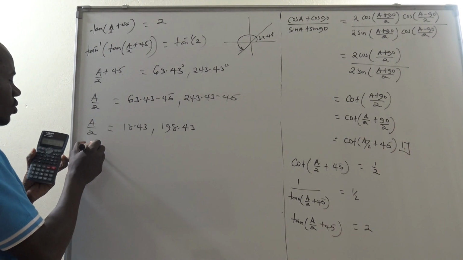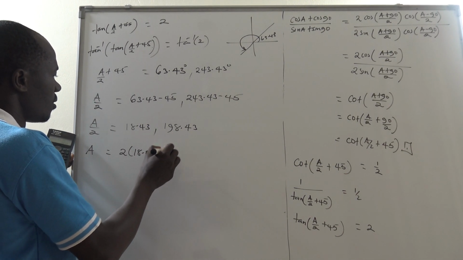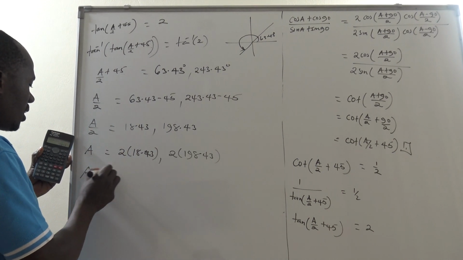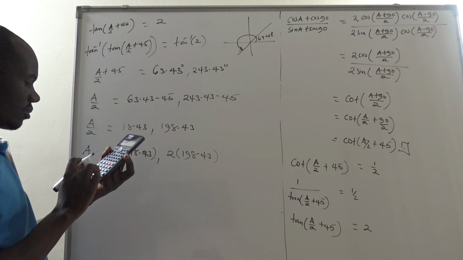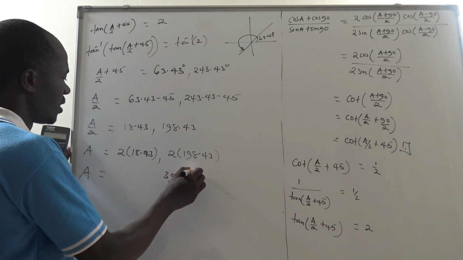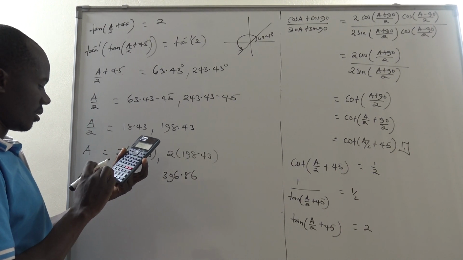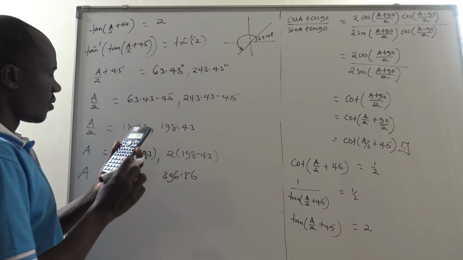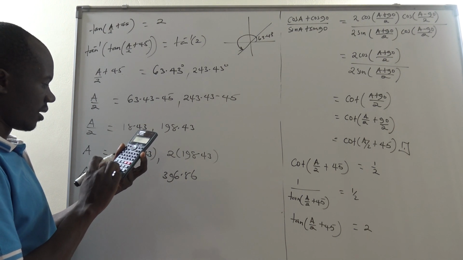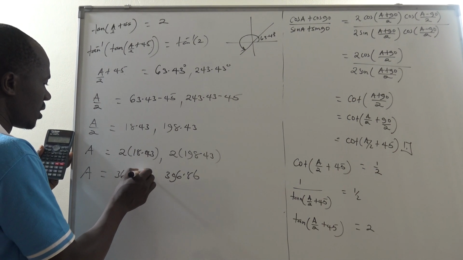Can we get A alone? That means we multiply by 2 on every side. 2 times 198.43 is 396.86, and 2 times 18.43 is 36.86 degrees.